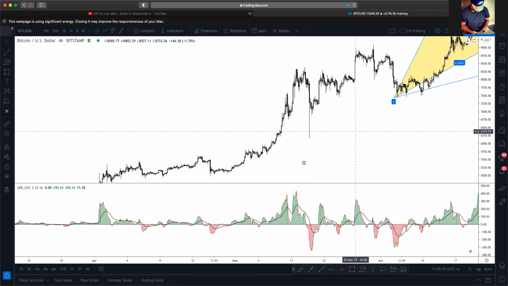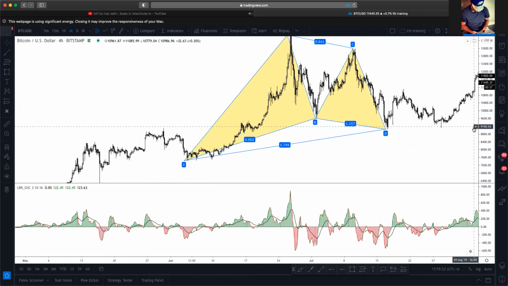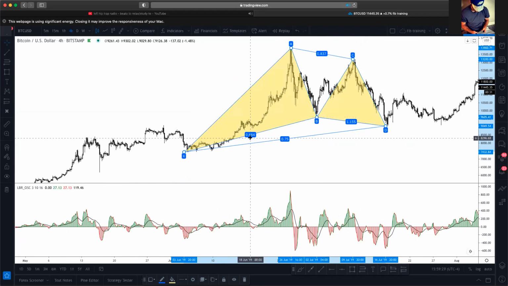But then another pattern happened, and this happened on the daily. So there was a very big impulsive move. We had a correction to the 61.8, a little bit deeper than 61, and this is in the case where, if you want to use the close of the candle, you can. And we get underneath 88.6, so we're looking for the Gartley.